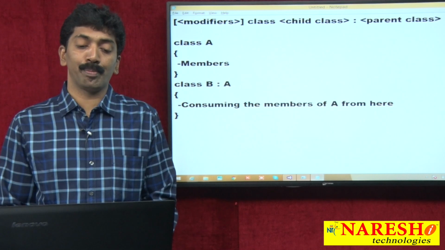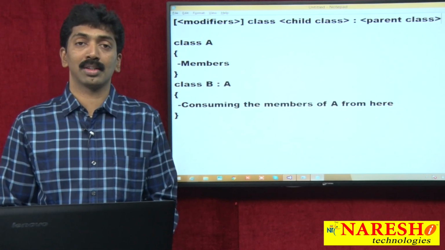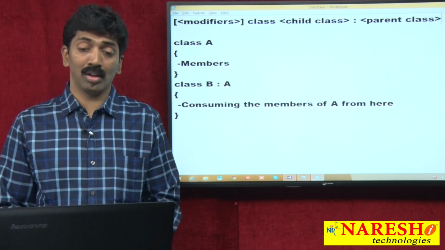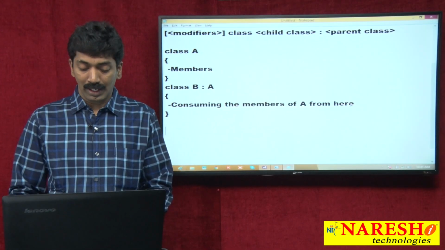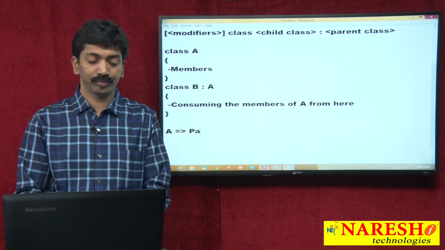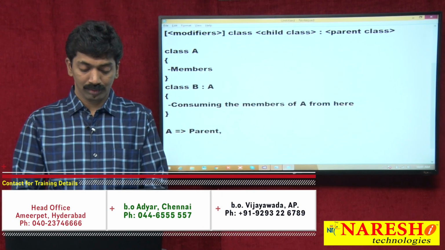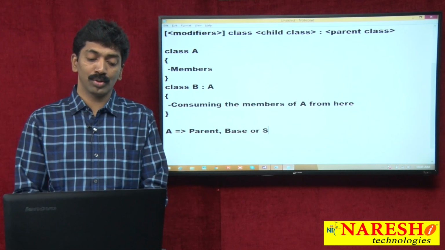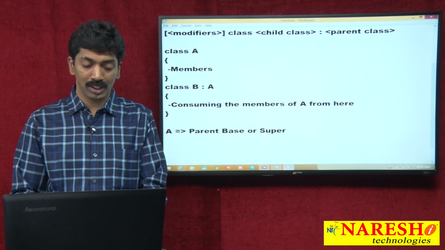The terminology parent class and child class, you can also call them base class and derived class. The first class we are working with, here A, you can call it a parent, a base, or a super class.